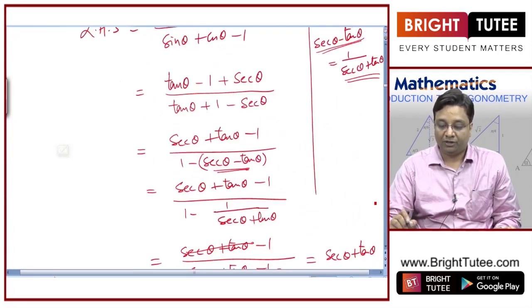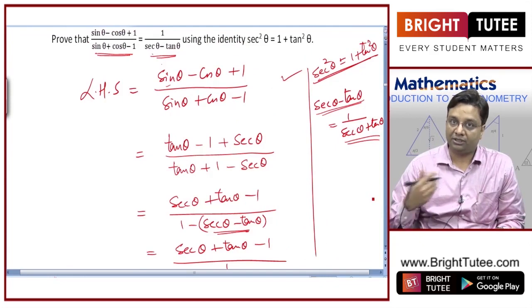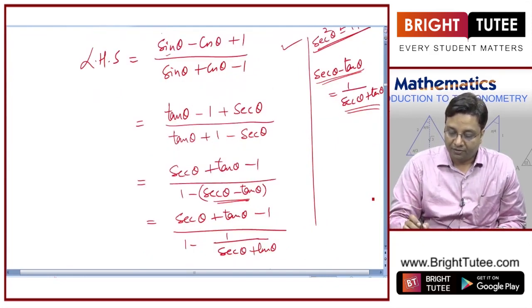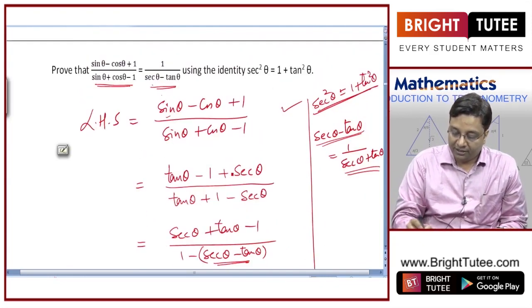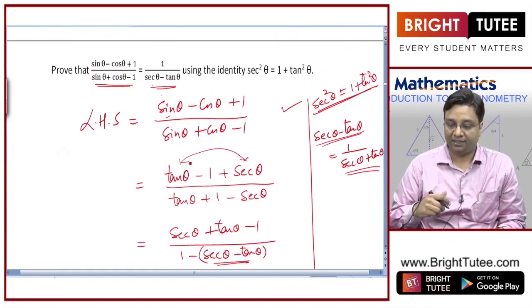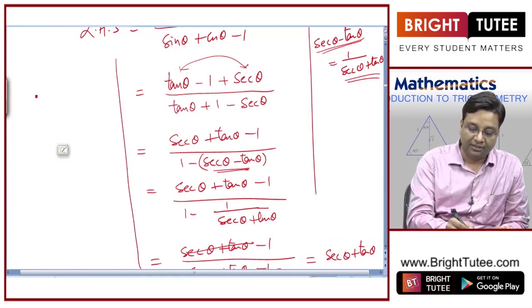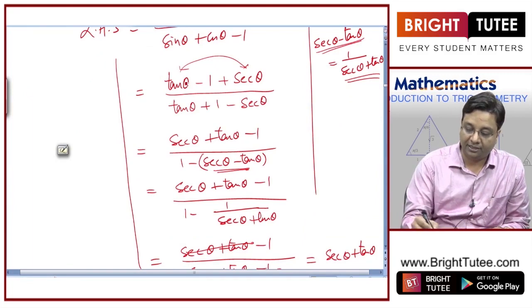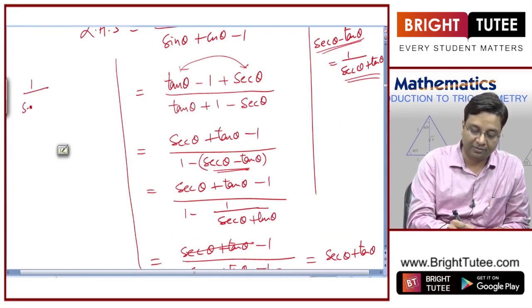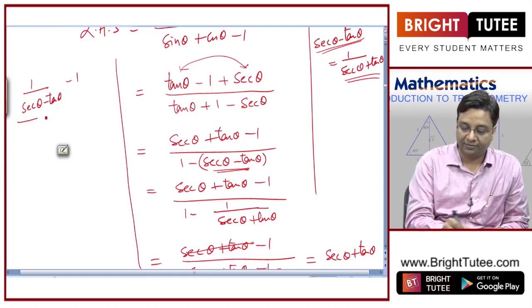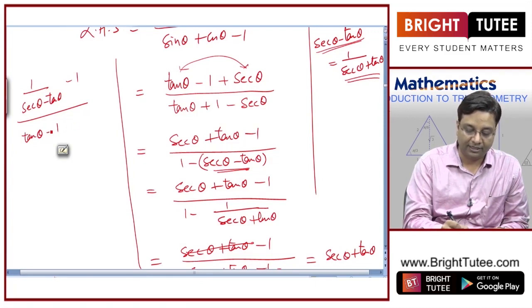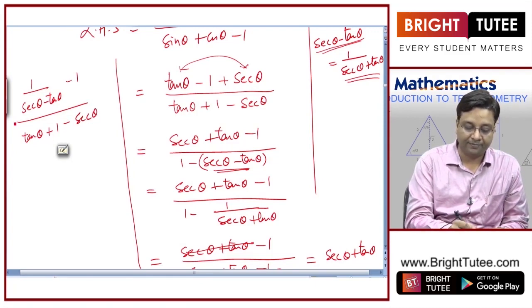Here I can tell you one more manipulation. You could have solved this question in a second way. How? You could have replaced this secant theta plus tan theta here by 1 by secant theta minus tan theta. Let's do it here and you will understand. If in the numerator I write secant theta plus tan theta as 1 by secant theta minus tan theta, and this minus 1 as it is, divided by tan theta plus 1 minus secant theta, right?